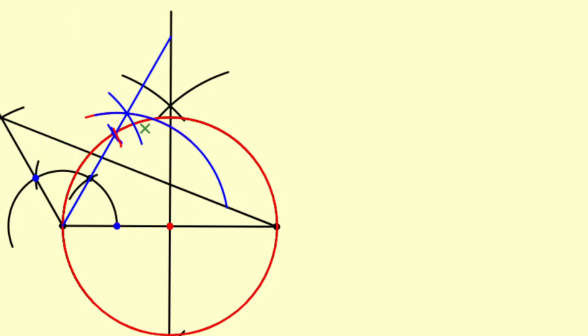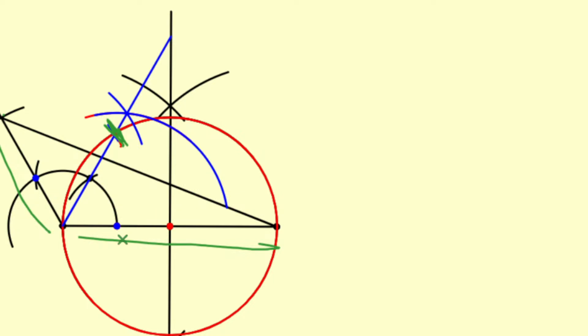This point is point P which is lying on the circumference of the circle and this is equidistant from AB. This line is AB and this line is BC. So this is equidistant from AB as well as from BC. So this is the required construction.